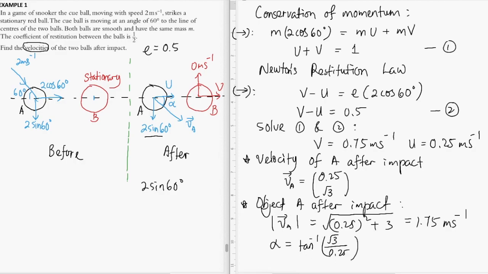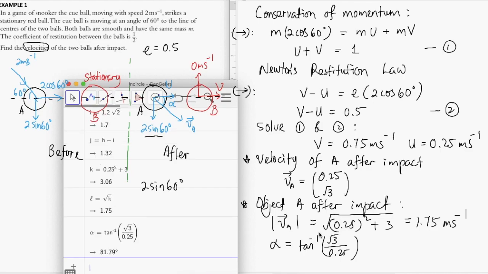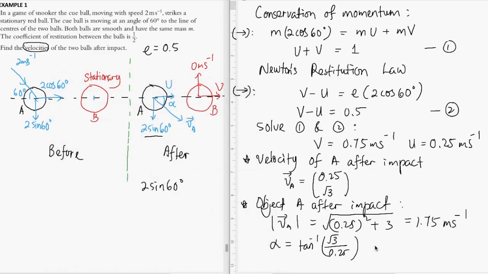Writing that to 2 significant figures, that is approximately 81 degrees. So alpha is 81 degrees.